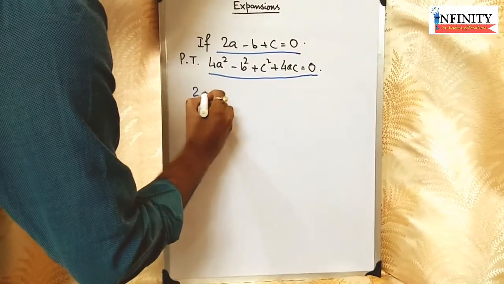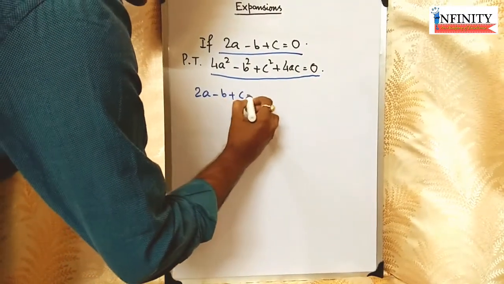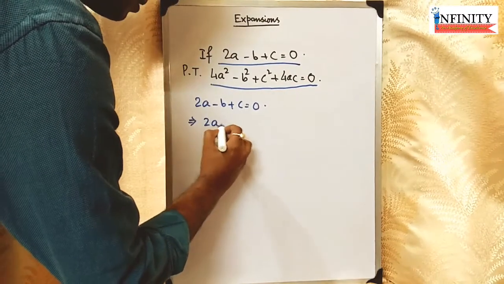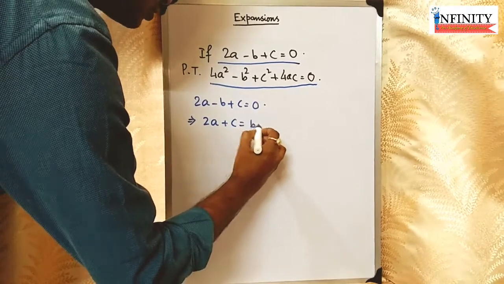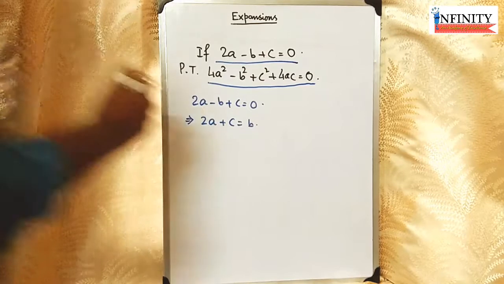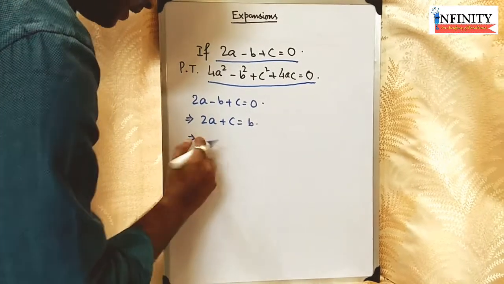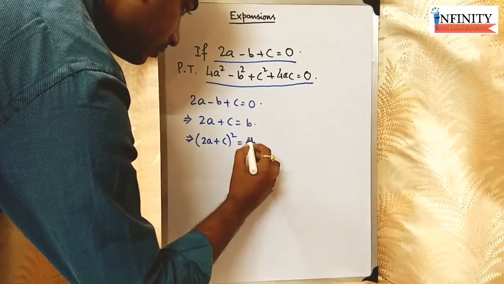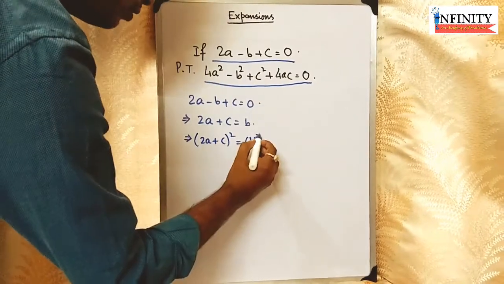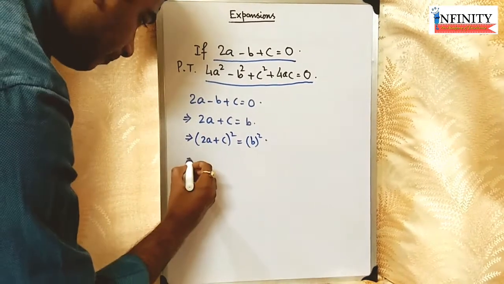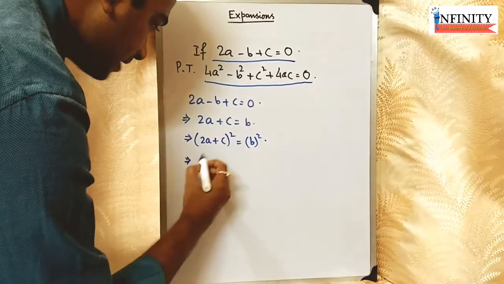It is very simple. 2a minus b plus c equals 0 is given, which means 2a plus c equals b, correct? You have to move this b to the right hand side, correct? Then you can take square on both sides. That is 2a plus c whole square equals b square. Then expand this.